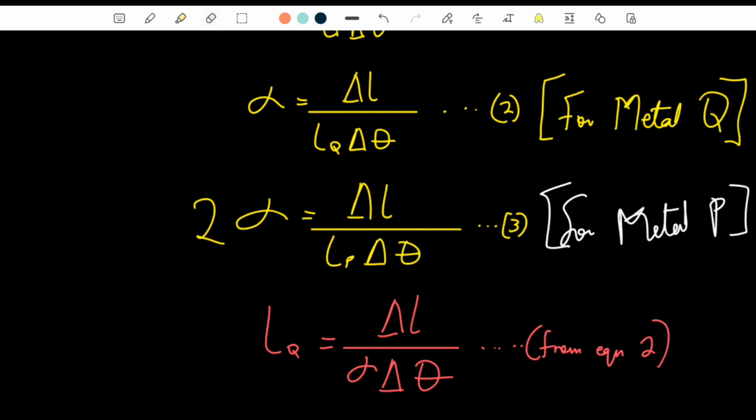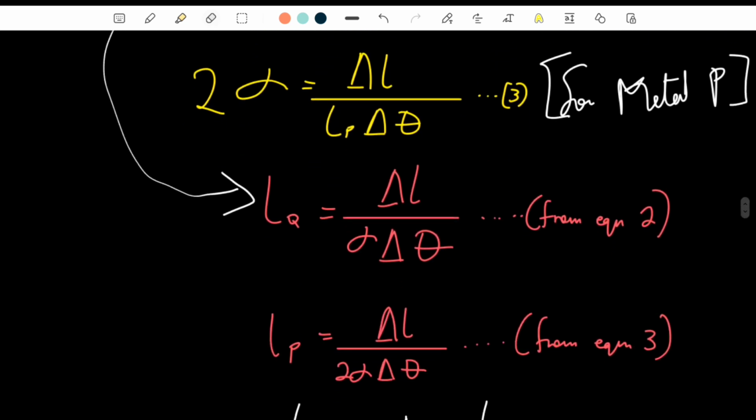The next thing we're supposed to do, since the question says we should find the ratio, is pit equation 2 and equation 3 against each other. But firstly, we need to make the original length for both equations the subject. That's what we've done for equation 2: we're making the original length, L subscript Q for metal Q, the subject of the equation. You have that right here.